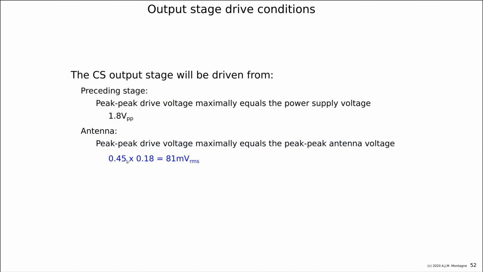And that is, well, we said like 0.45 volts per meter field strength, 18 centimeters antenna causes, this was an RMS value, 81 millivolt RMS to drive the output stage with. So with a sine wave, that would be 230 millivolts peak peak, and with a noise-like thing, it will be 490 millivolt peak peak.